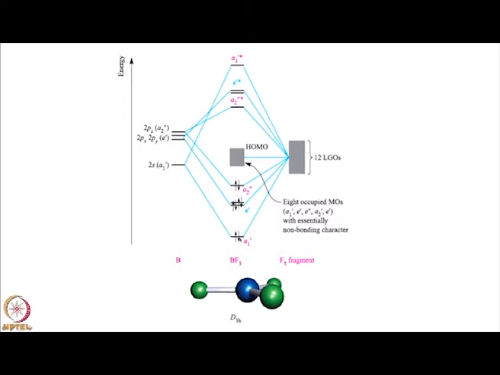Out of 24 electrons, 6 electrons are essentially used for making the 3 boron-fluorine bonds, and this one, whatever I have shown here, is responsible for making the p-pi interaction to remove a little bit of the electron deficiency. That means these two electrons are coming from a fluorine atom. Out of 24, 8 are used, so we are left with 16 electrons, which essentially remain here as 8 non-bonding pairs.